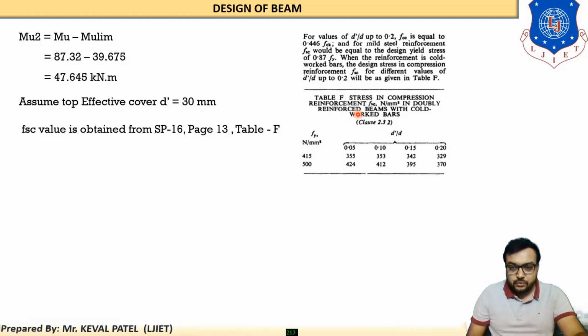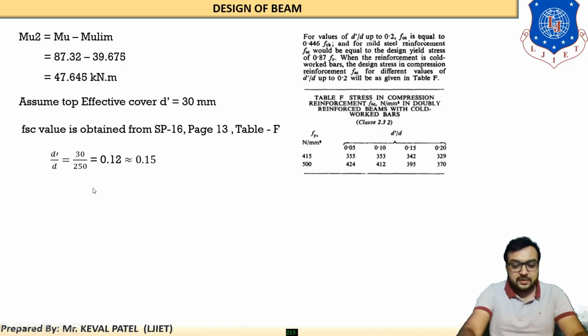In doubly reinforced beams, our value of FSC depends on the D dash by D ratio. So first of all, we have to find out the D dash by D ratio.